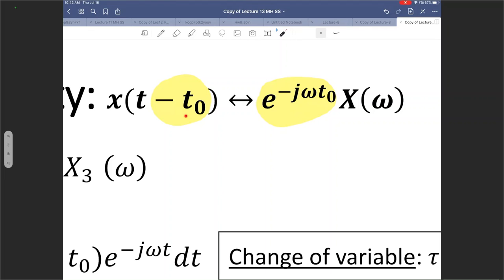So time shift corresponds to a phase term in the frequency domain. Notice the magnitude of cap X of omega did not change. No change in magnitude. When you delay things, the frequency content doesn't change, only the phase changes. So there is only a change in the phase term.